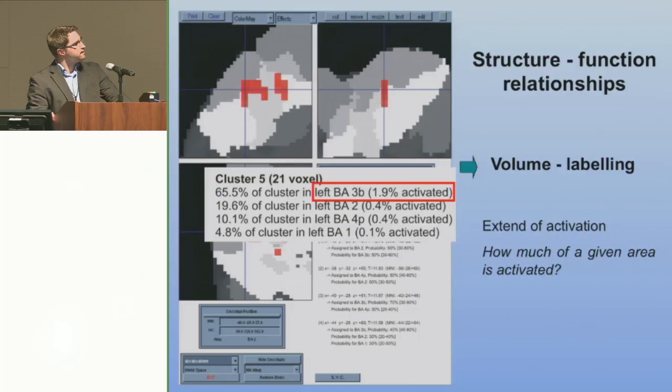So in that case, making the point on the percentage of the histological area being activated is fairly useless. But you could have the other scenario where you have a rather large blob that spreads maybe across many different areas, but it recruits 90 to 100% of these two or three areas. So really, which of the two pieces of information is more reasonable and more valuable depends primarily on the size relationships.